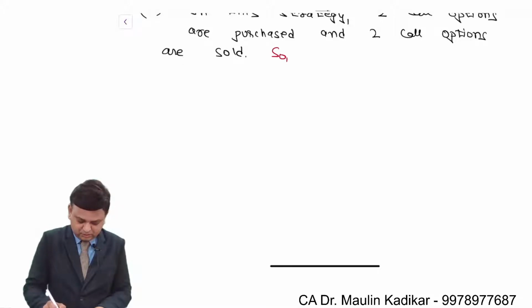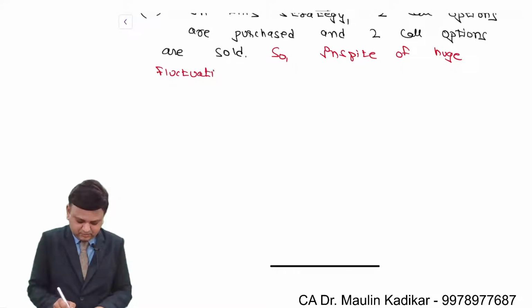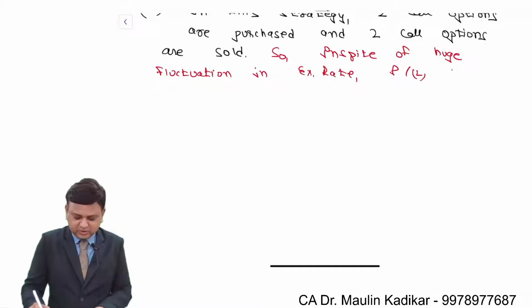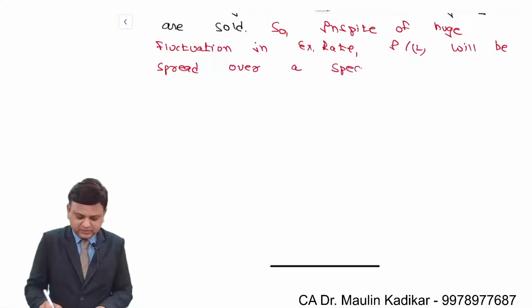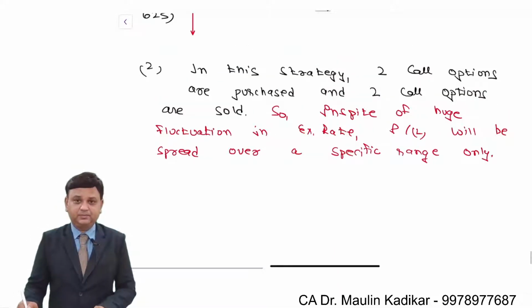So in spite of huge fluctuation in exchange rate, comma, profit or loss will be spread over a specific range only. Full stop.